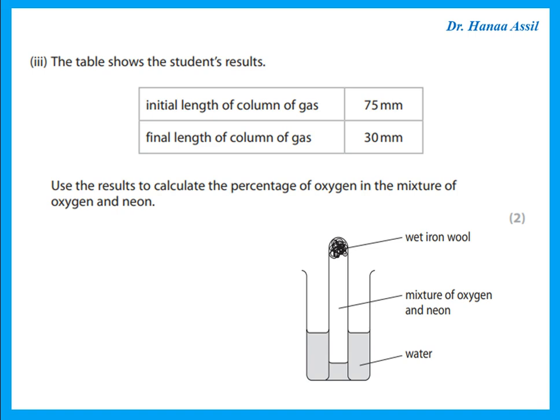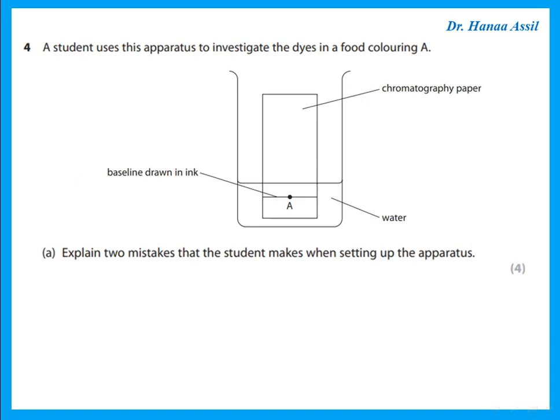He said at the beginning it's 75, at the end it's 30, and that means the difference is the amount of oxygen. Over the total times 100, that's how you get percentage. So 75 minus 30 over the original 75 times 100 makes 60%. That means the mixture originally had 60% of oxygen.